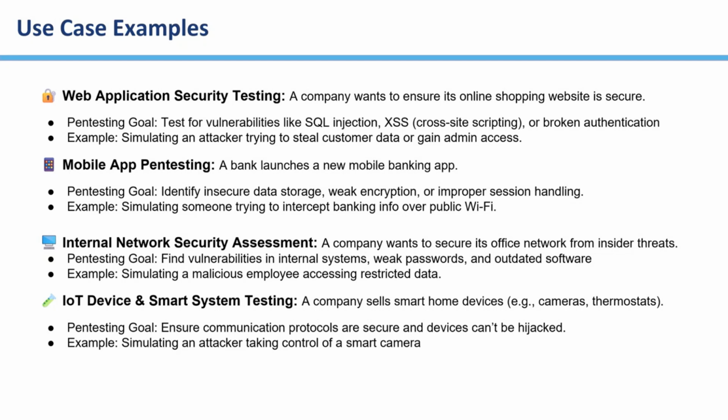For internal network security assessments, we find the vulnerabilities in the internal system, for instance, weak passwords or outdated software versions. And for IoT device and smart system testing, we ensure communication protocols are secure and devices can't be hijacked.